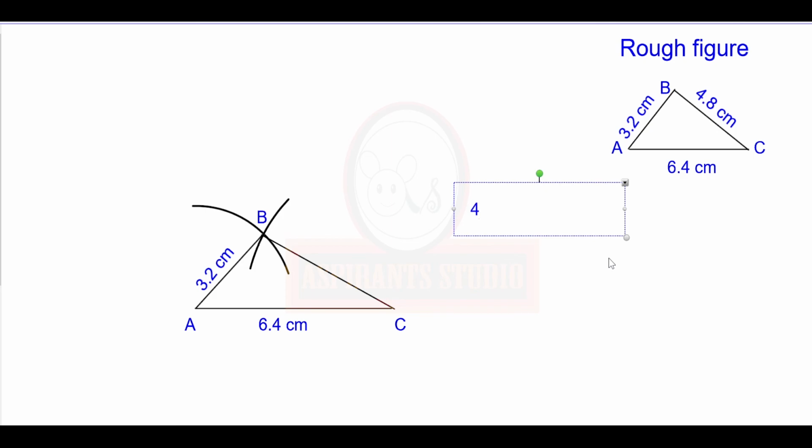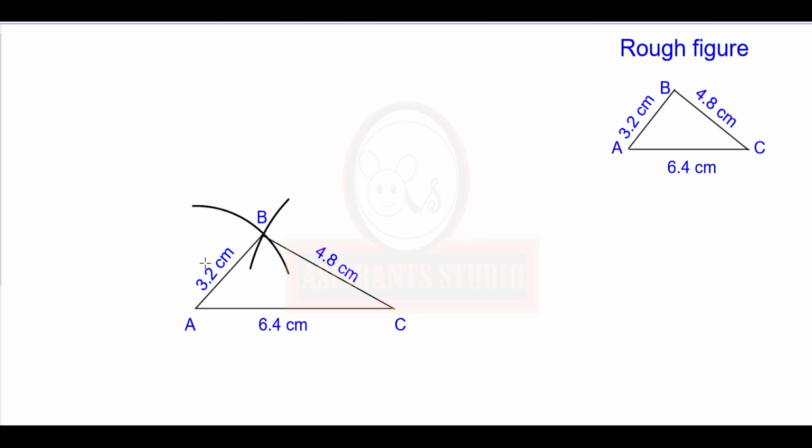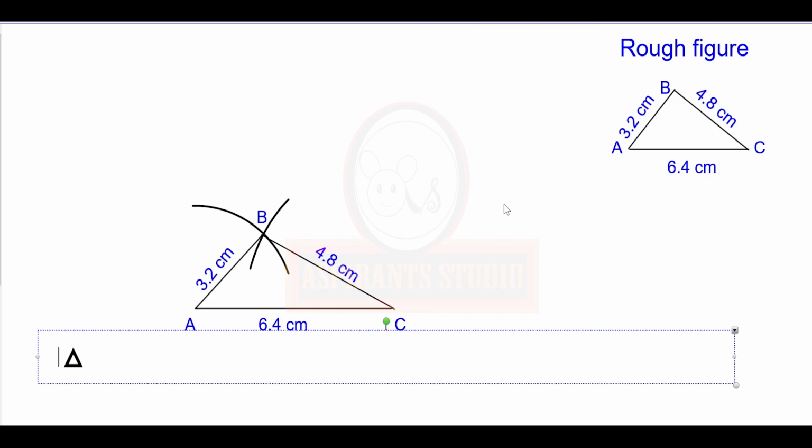Label length of BC as 4.8 centimeters. Now we have constructed triangle ABC. Triangle ABC is the required triangle.